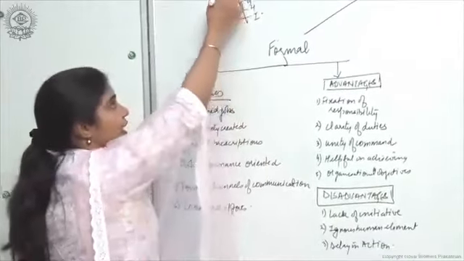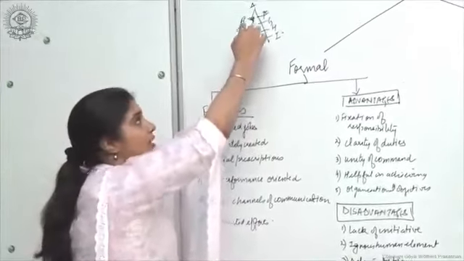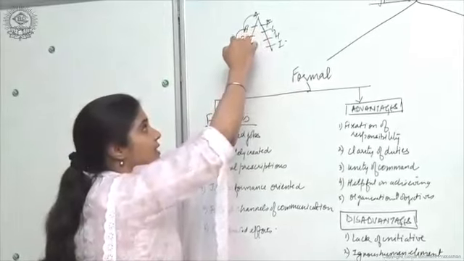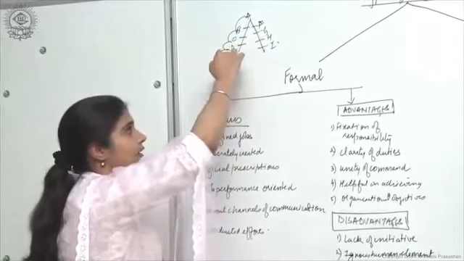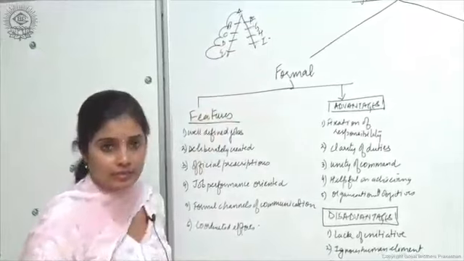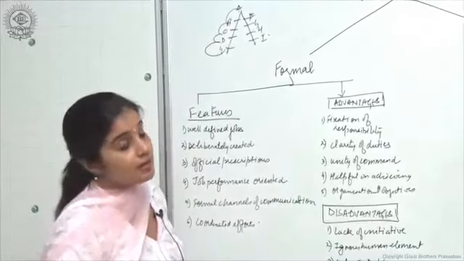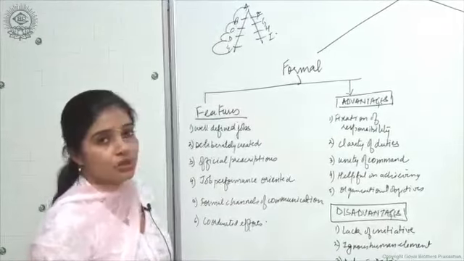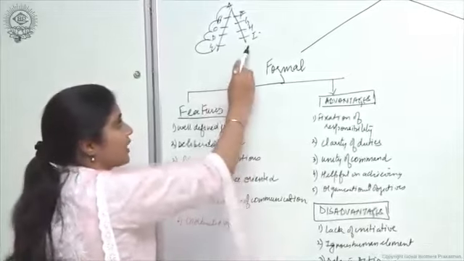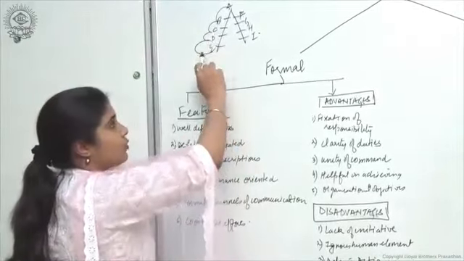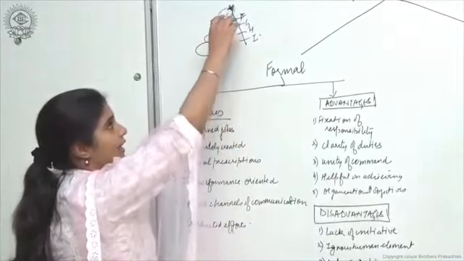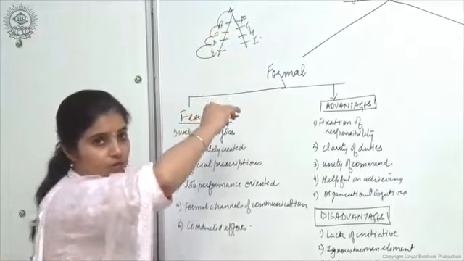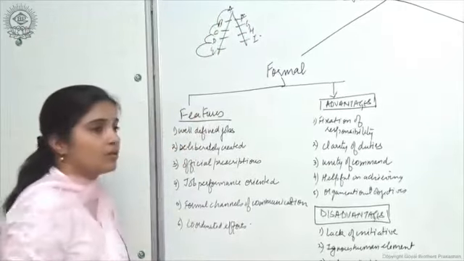That is, if A has to inform something to E, A will tell B, B will tell C, C will tell D, and D will finally inform E. This is an official chain of command, an official chain of communication. Likewise, if he has to communicate with I, he will have to go via D, C, B, A, and so on and so forth. So this is the official chain of command.